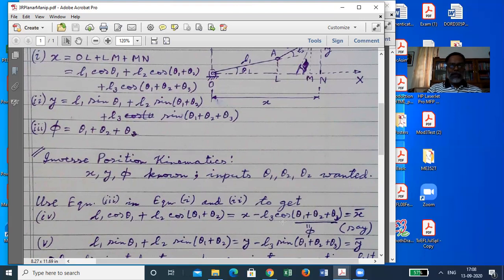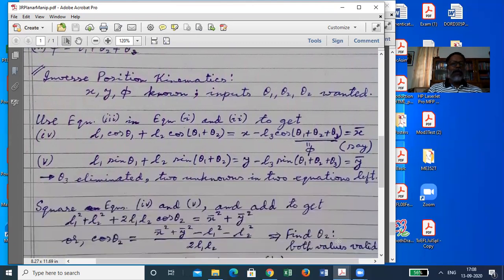That is here. And this is phi. Okay, which you know. And this difference you call x bar or anything. Similarly, from the second equation, you get L1 sin theta 1 plus L2 sin of theta 1 plus theta 2 is equal to y minus L3 sin phi. Okay. Call it something, say y bar.